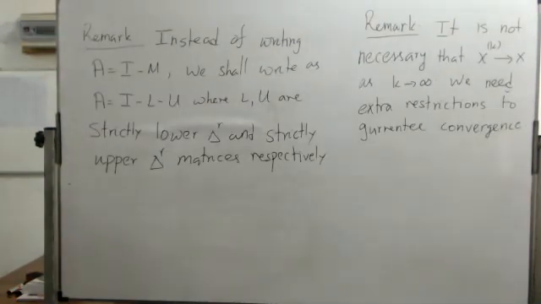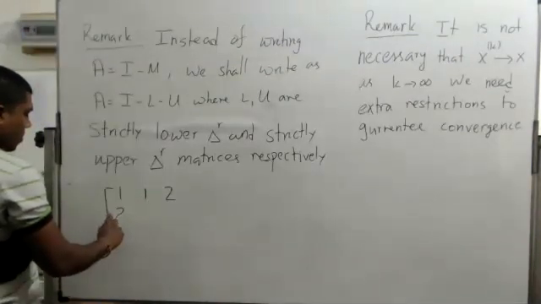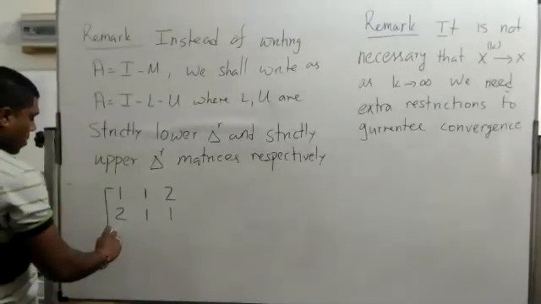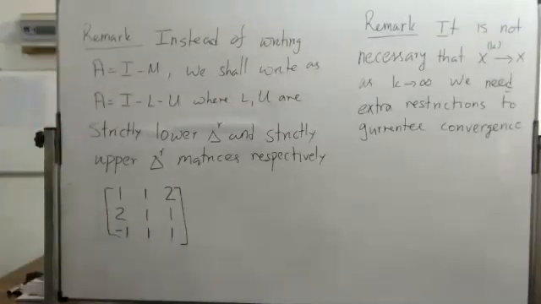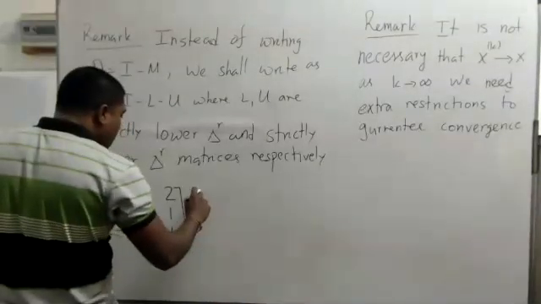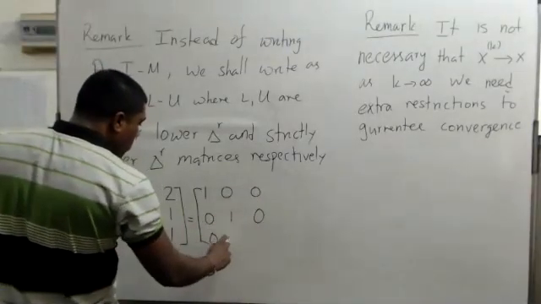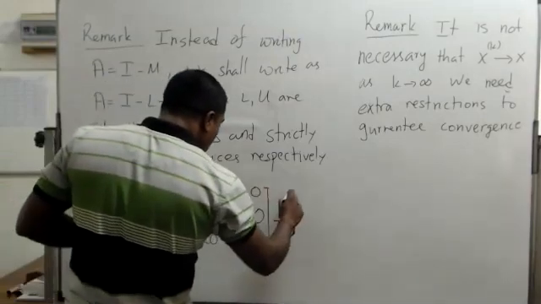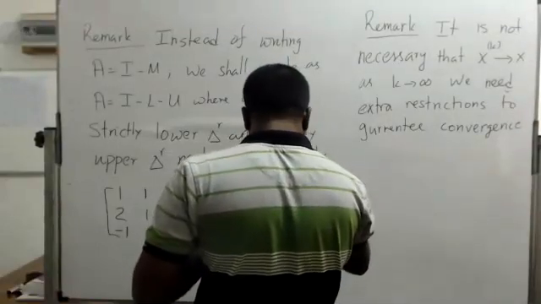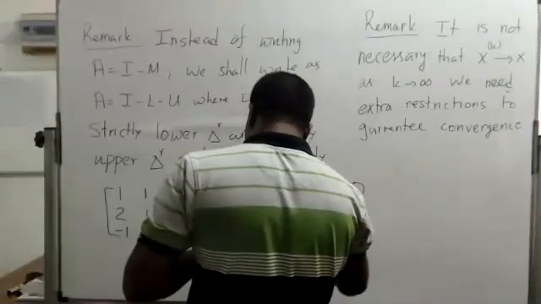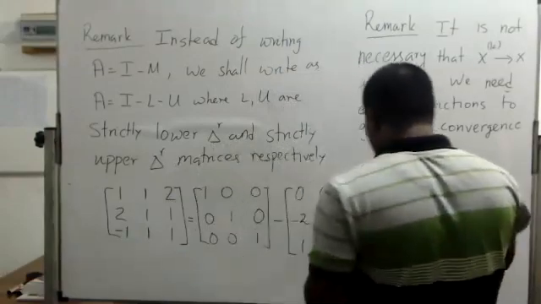So for example, if you have A as this, then you can write this as I minus L minus U as well. L is this, and U is this.